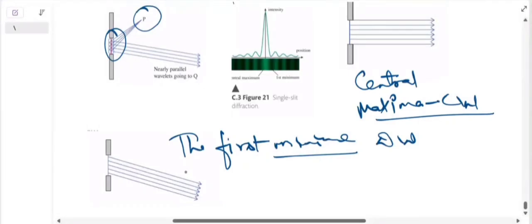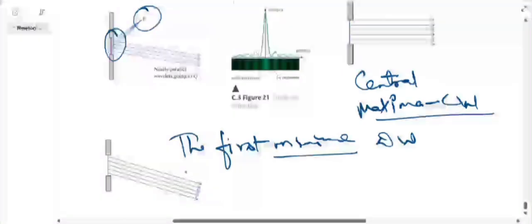At the central maximum point, it occurs directly in front of the slit. If we take a point far away from the slit, all the wavelets will be traveling parallel to each other and will travel the same distances. The wavelets have traveled the same distances and they all will be in phase, giving a constructive interference, and the intensity will be bright.